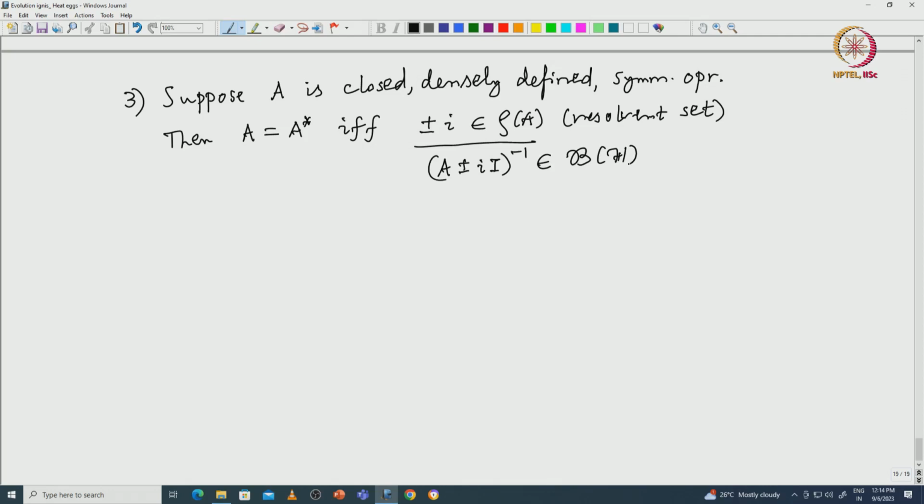So, there is no speciality about this i. You can take any lambda non real, and the condition for plus or minus i may be replaced by plus or minus lambda for some non real lambda.